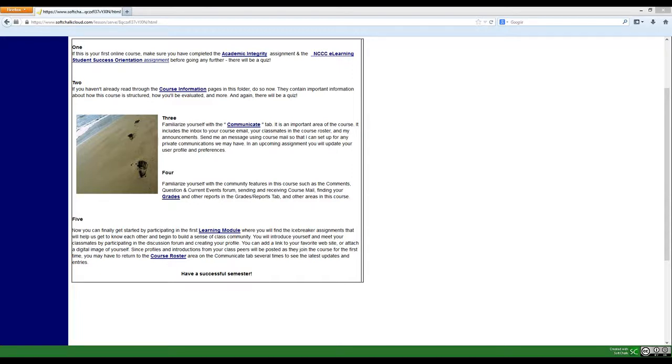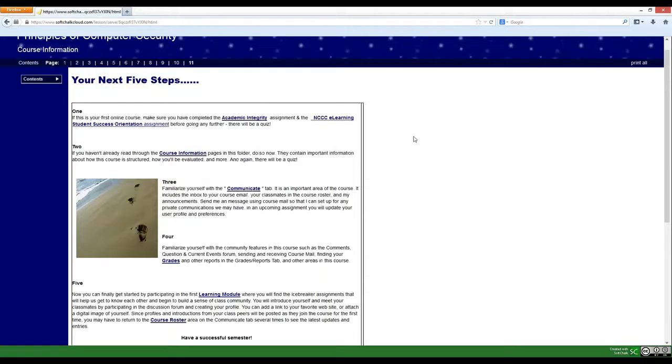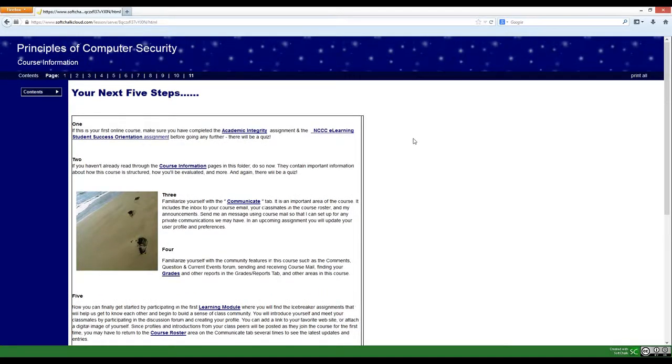Okay. And then Laura asks, is there a publication that you can provide that provides definitions and explanations of the QM standards? There is on the Quality Matters website, the general standards are listed.